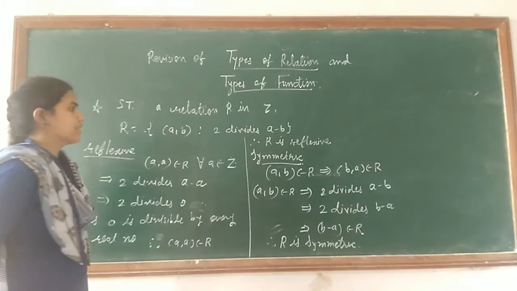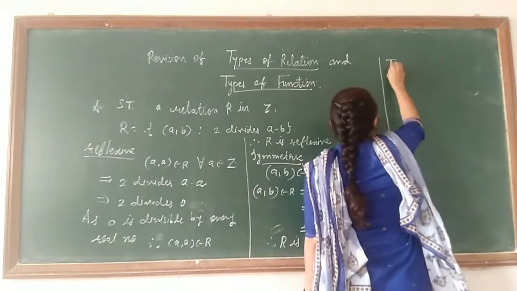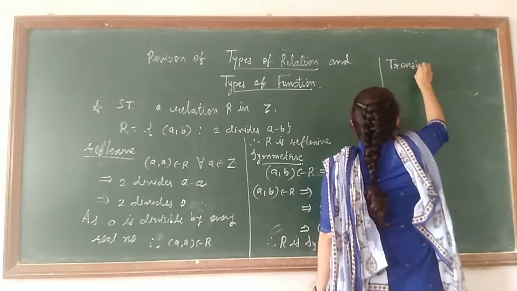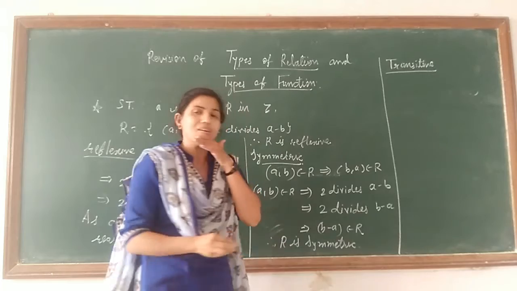So now we have seen that two properties, reflexive and symmetric, are satisfied. Now the third property, that is transitive. What can we say for the transitive property?